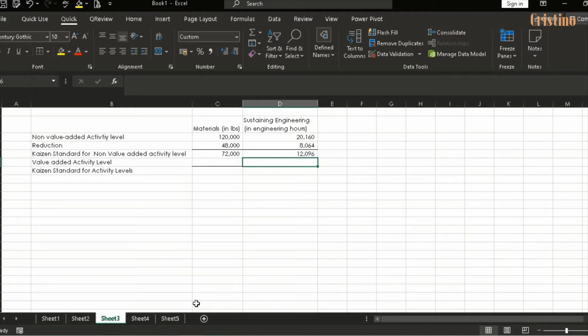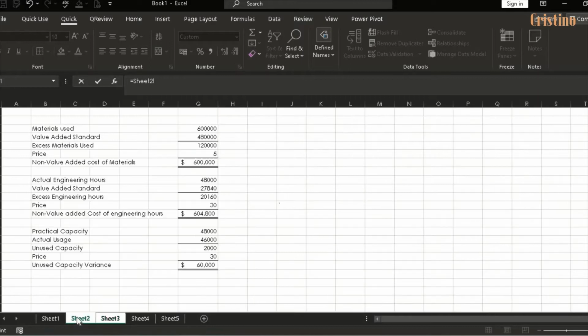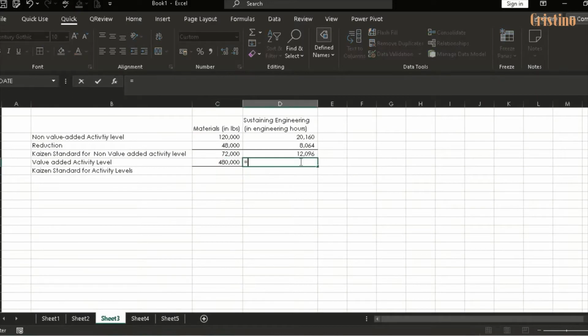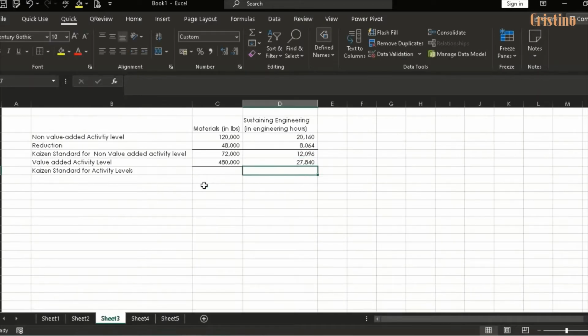To calculate the Kaizen standard for activity levels, we're going to add the value added activity level to the Kaizen standard for non-value added activity level. The value added activity level for materials is, as computed earlier, 480,000. For sustaining engineering, the value added activity level is 27,840.